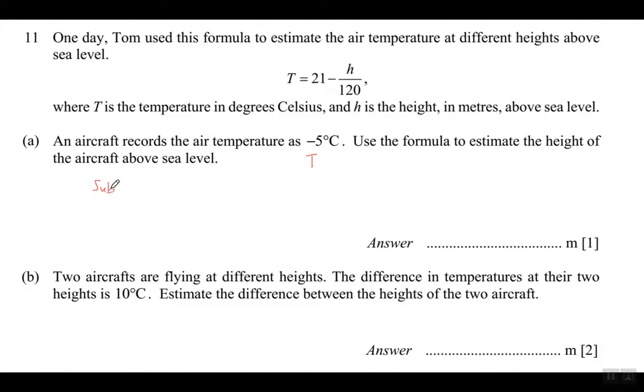So I just substitute: T equals -5, so -5 is equal to 21 minus H over 120. So H over 120 equals 21 plus 5, which equals 26. So H is equal to 26 times 120.